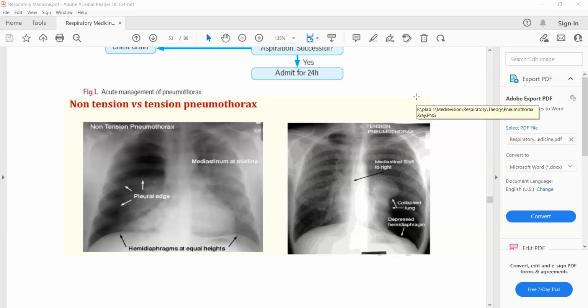So that's why this hemidiaphragm is depressed due to tension in the pleural cavity. The air will be trapped in there, so it will compress that hemidiaphragm. Yes. In tension pneumothorax, there is a compressing rim of air, which is compressing the lungs and everything. Right. So this compressing rim of air basically compresses the hemidiaphragm.